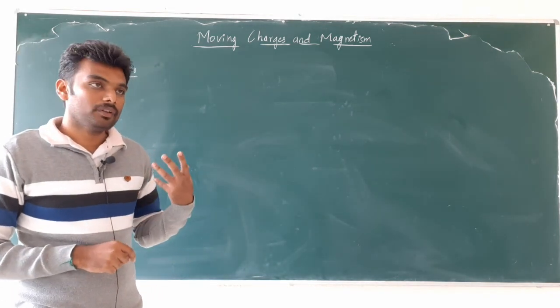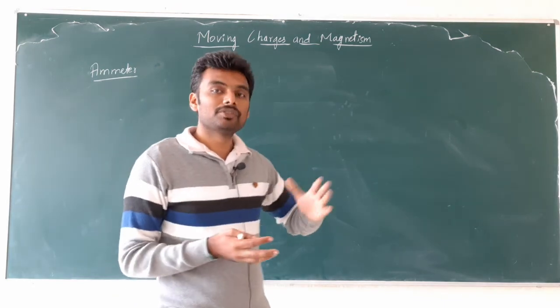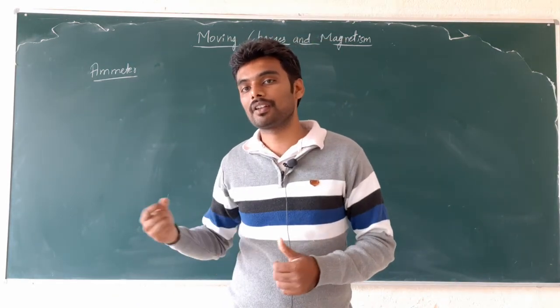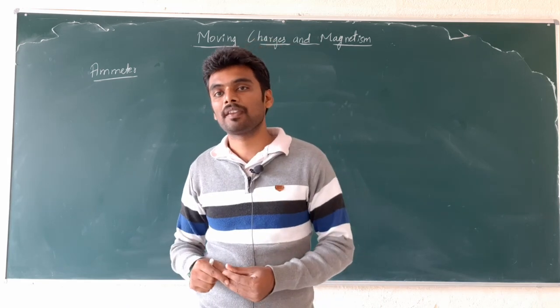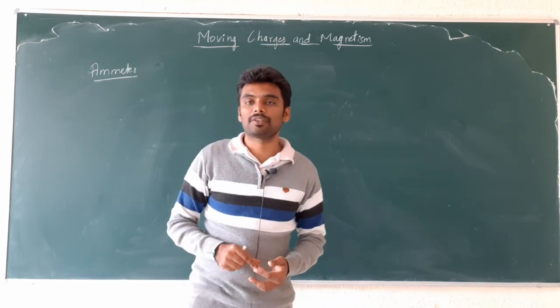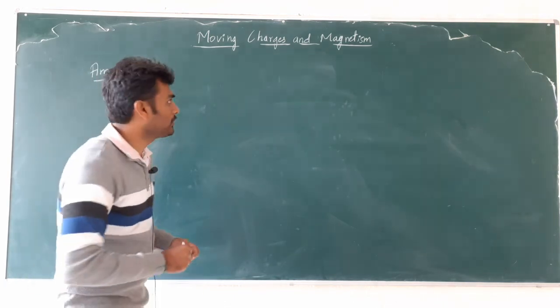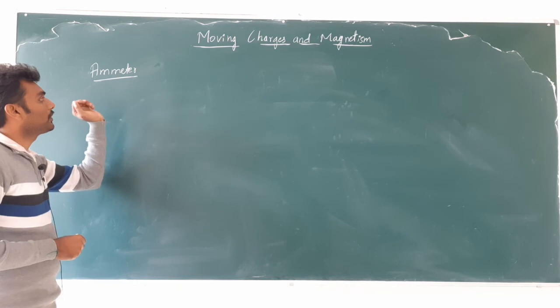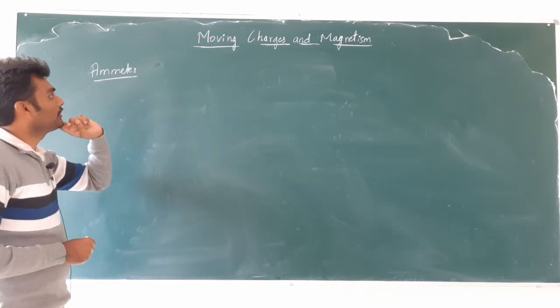Similar to the galvanometer, we should now understand the construction and working of the ammeter also, because that's an electrical measuring device which measures current in the circuit.